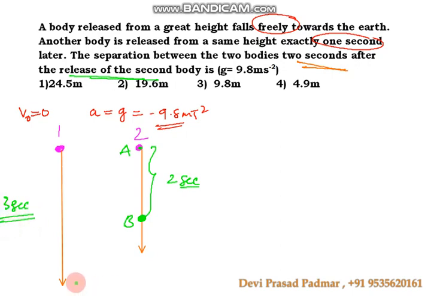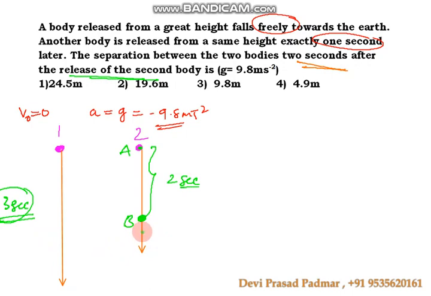After the release of second body it travels 2 seconds, and you also need to consider the distance traveled before the release of second body, so the total distance traveled in 3 seconds.